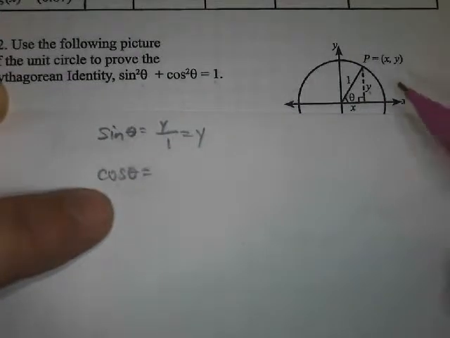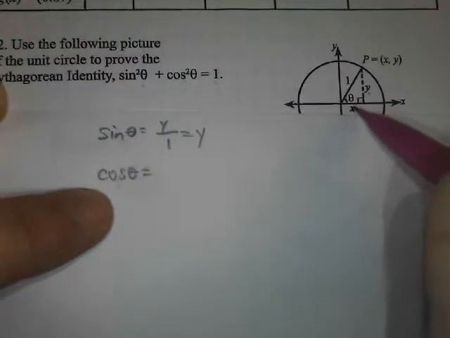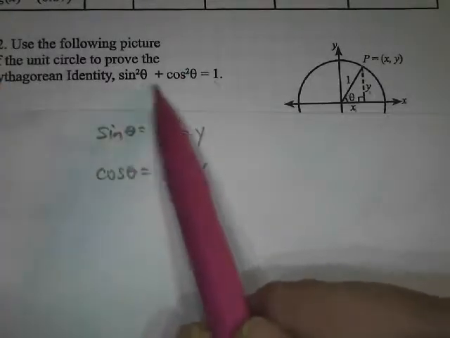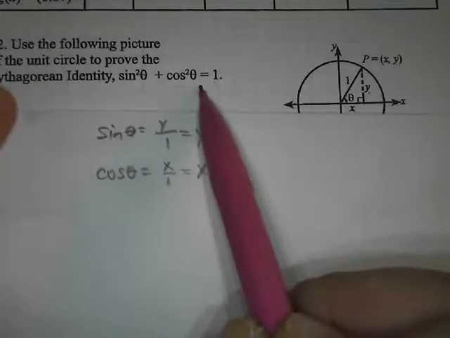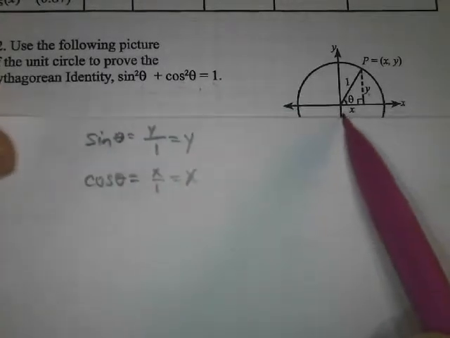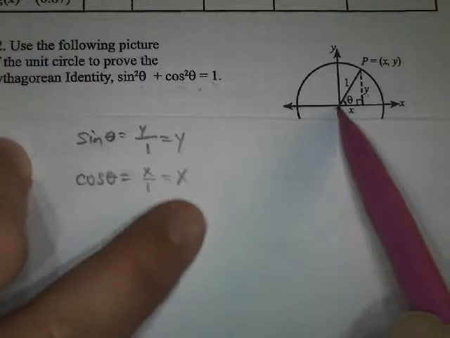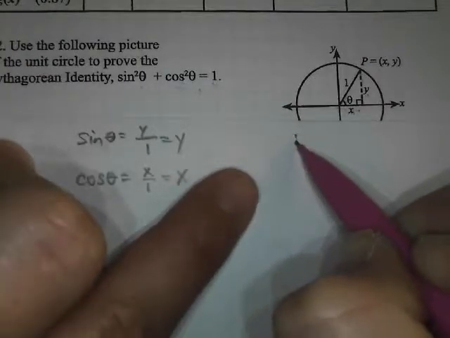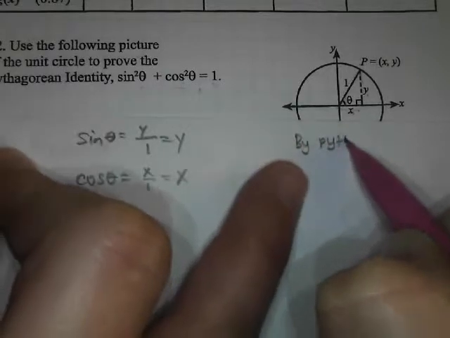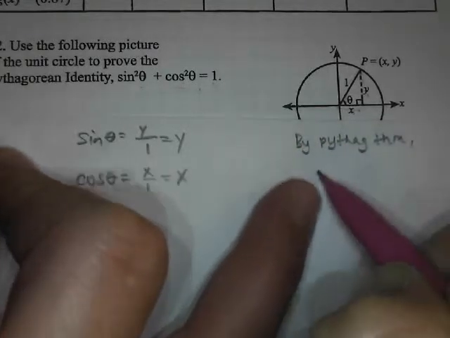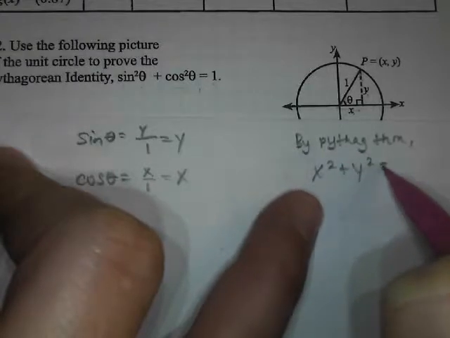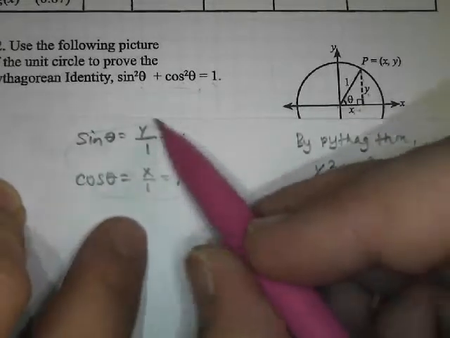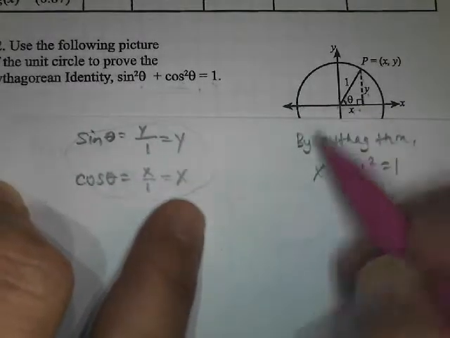So when I want to prove that this is true, I'm going to start with the Pythagorean theorem and the fact that x squared plus y squared is supposed to equal 1 squared. So by Pythagorean theorem, x squared plus y squared equals 1. And from SOHCAHTOA, I knew this already, so I substitute, and I'm going to take out the x and replace it with cosine theta.